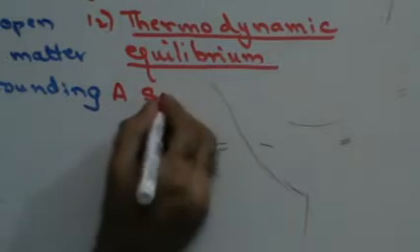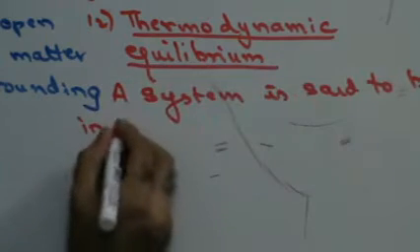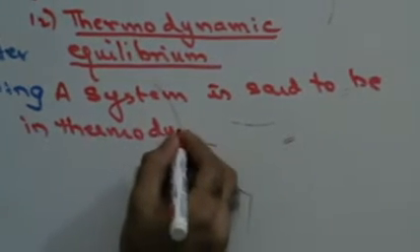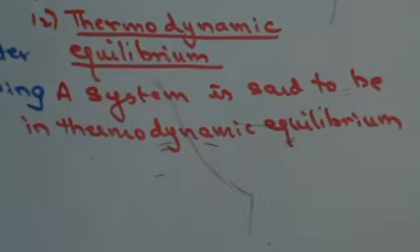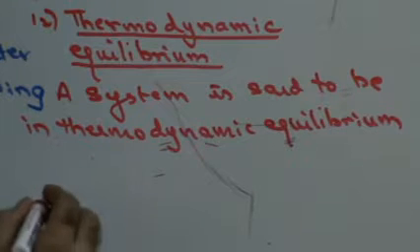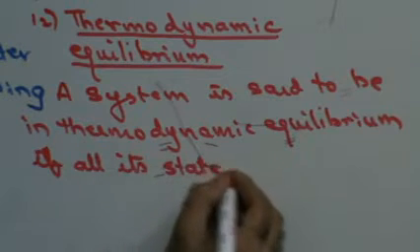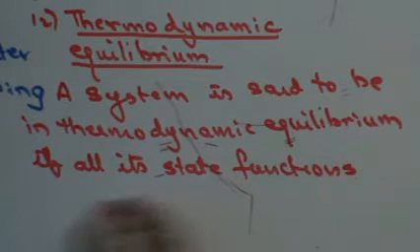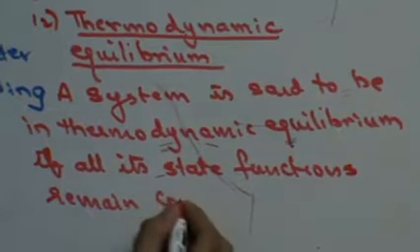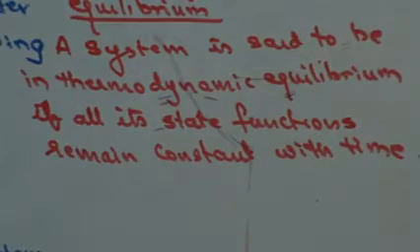A system is said to be in thermodynamic equilibrium if all its state functions remain constant with time. That is thermodynamic equilibrium.